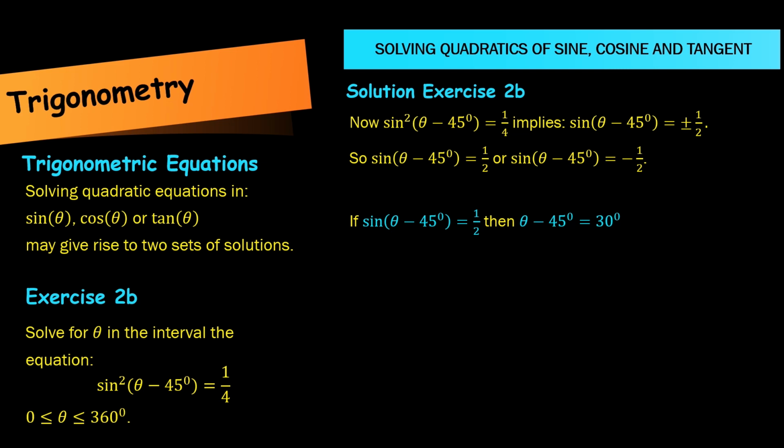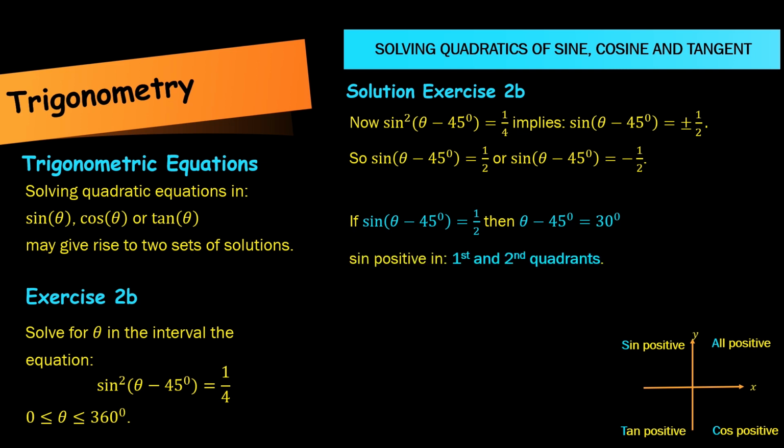Considering the first case, where sine of the angle equals a half, we have that theta minus 45 degrees equals 30 degrees. Now, sine is positive in the first and second quadrants in the CAST diagram. So therefore, we have sine 30 degrees in the first quadrant and sine 30 degrees in the second quadrant as shown.